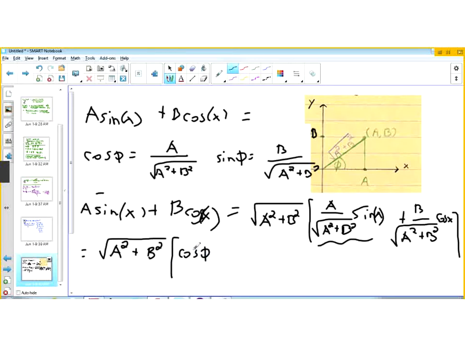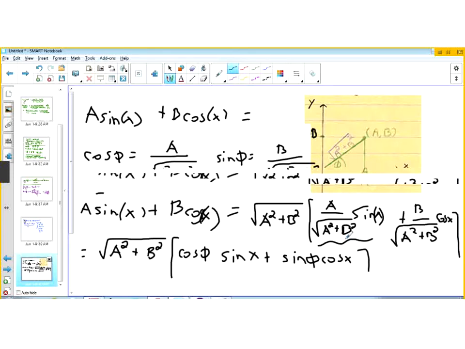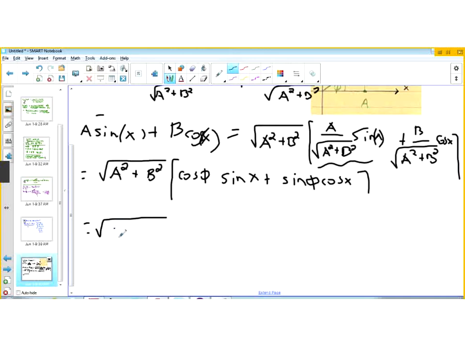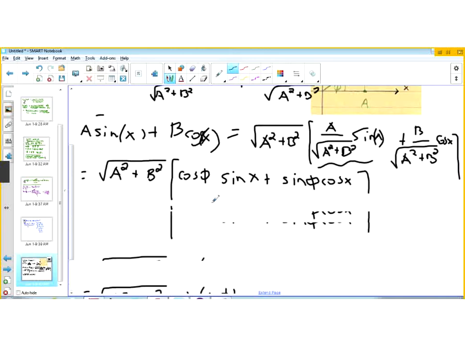This would be the cosine of phi times the sine of x plus, and we know b over the square root of a squared plus b squared is just the sine of phi times the cosine of x. Okay, and so after simplifying, the term in brackets becomes the sine of a sum, which would be the sine of x plus phi.